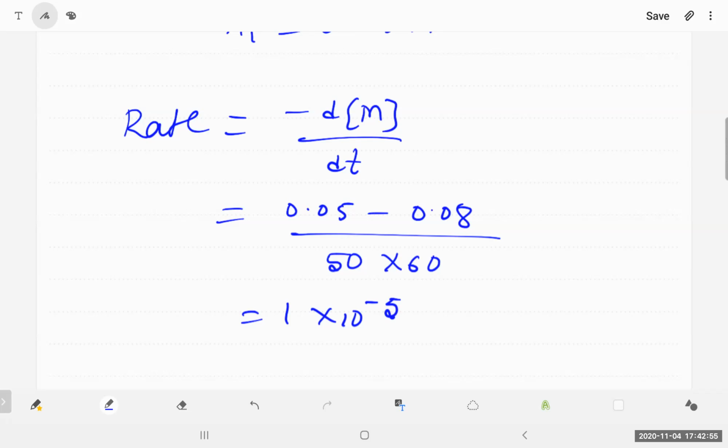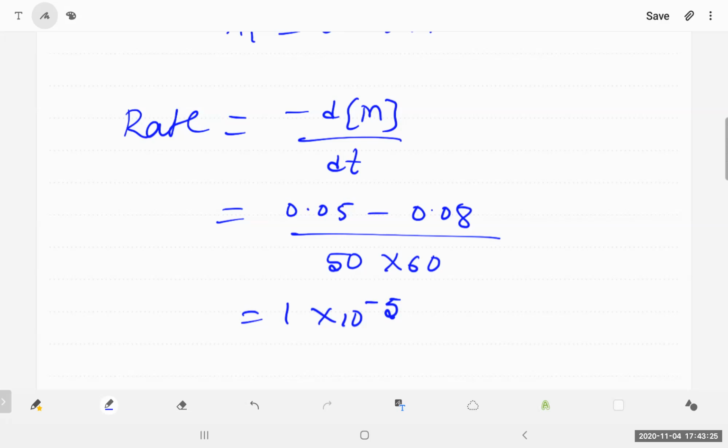Then sixth one. For a reaction 2SO2 plus O2 gives rise to 2SO3, the rate of consumption of SO2 is 6.4 into 10 power minus 3 kg per second.